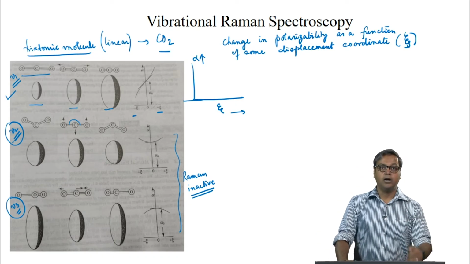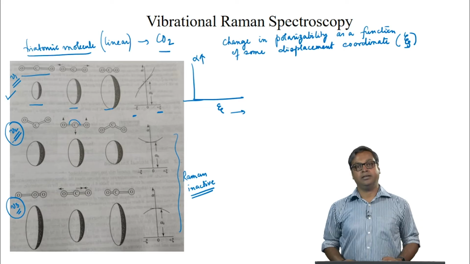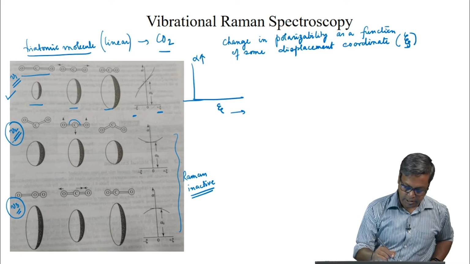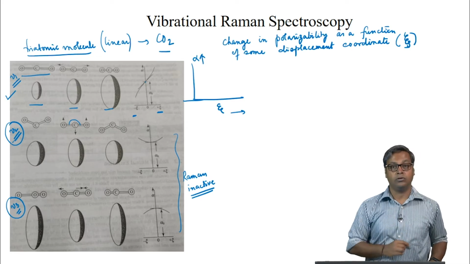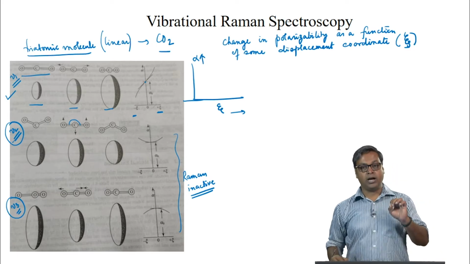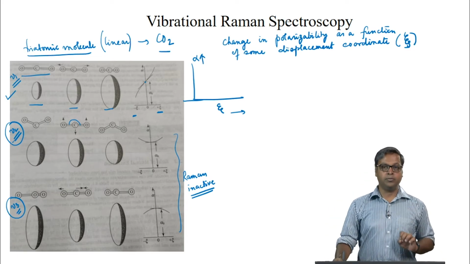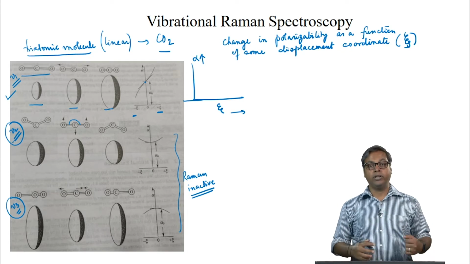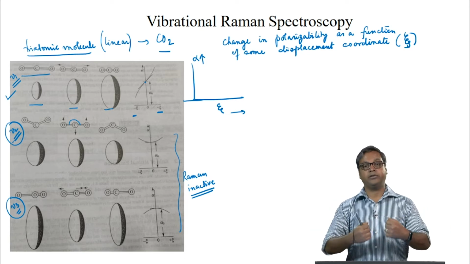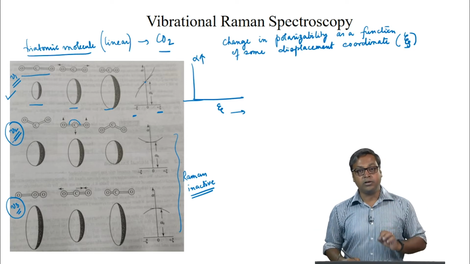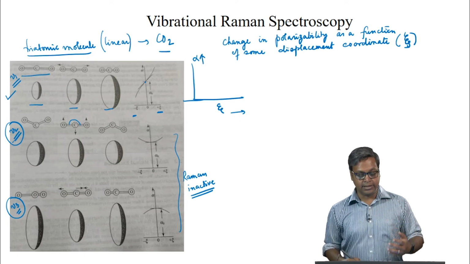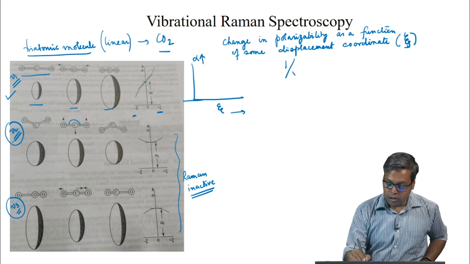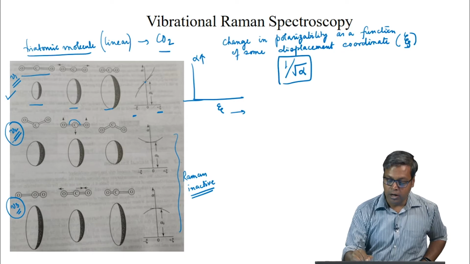So, going back to the symmetric stretch of carbon dioxide, if the equilibrium value of the polarizability is alpha 0, that means at xi equals 0, the value of polarizability is alpha 0, then alpha increases and decreases when the bonds stretch and contract respectively. This is because, as we have discussed in the previous lecture, the ellipsoid is proportional to 1 by root over alpha.